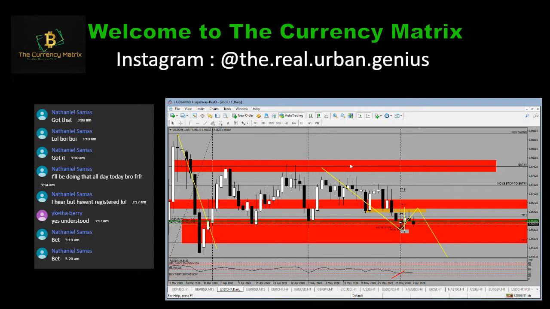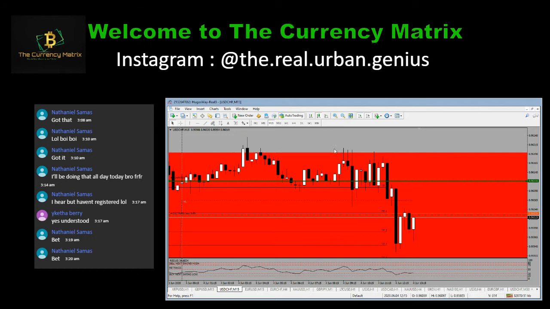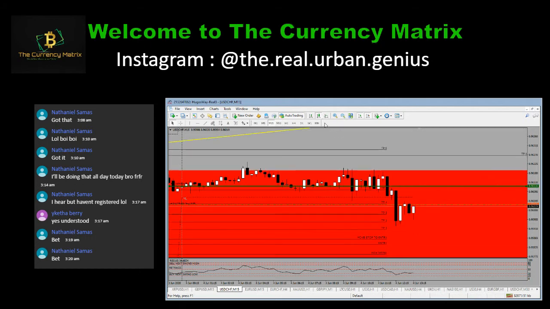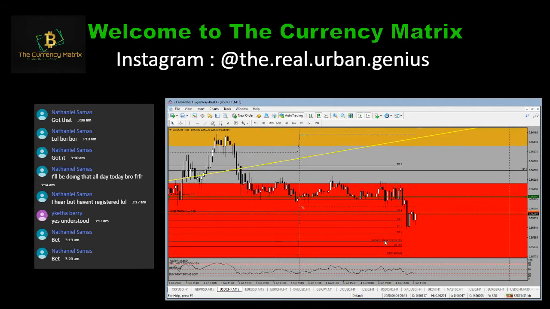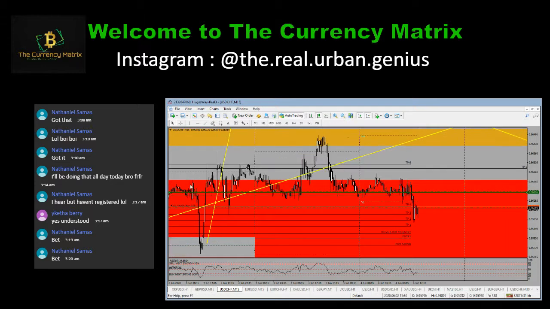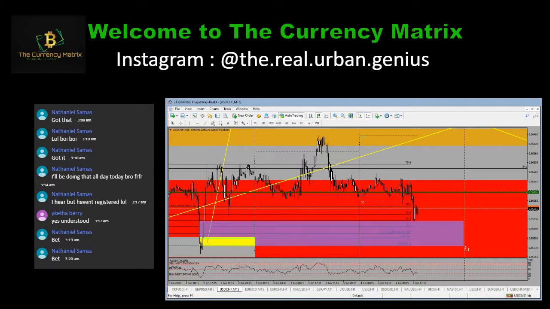You see, we got the markup here from yesterday. If we come back in here, we look, we got a double bottom down here yesterday. Okay, entry was over here on Monday or Tuesday actually. And as you can see, that created a whole zone over here.